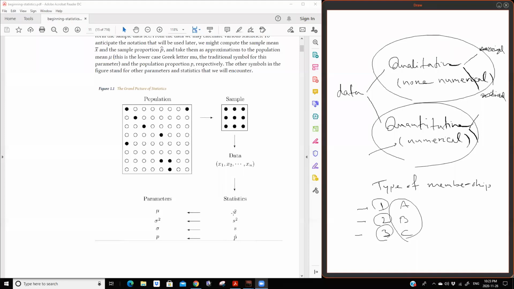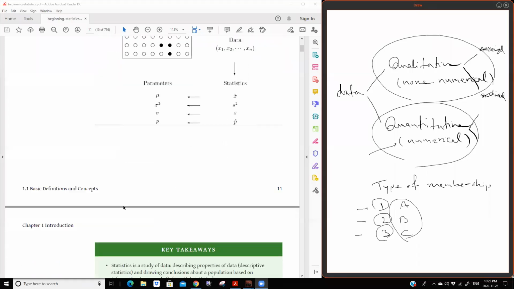Then you use that sample statistic as an estimate for the population parameter. So you draw conclusions about the population using these sample statistics. For example, your sample mean is an approximation or an estimate for the population mean.